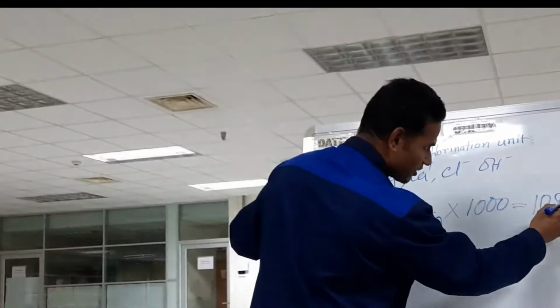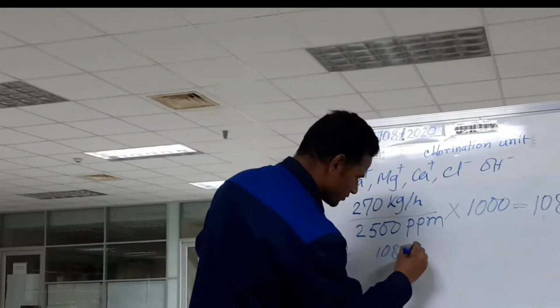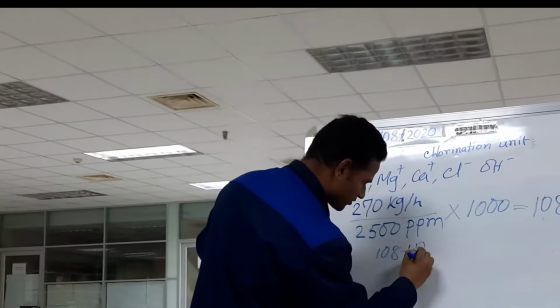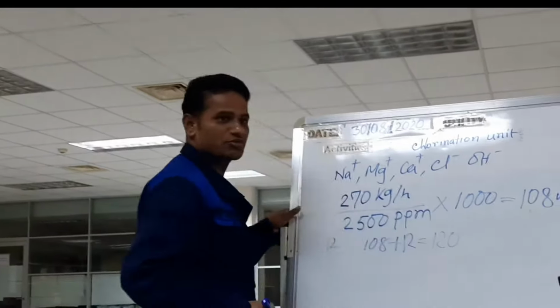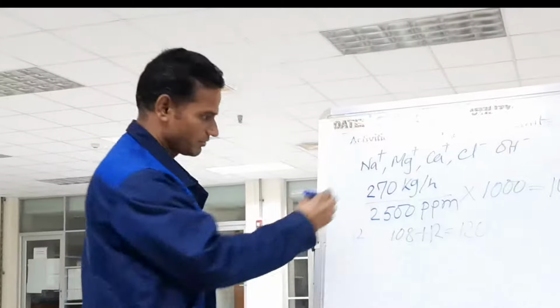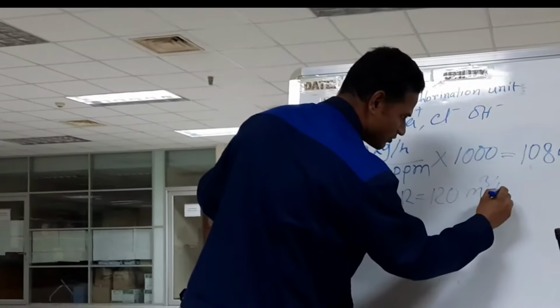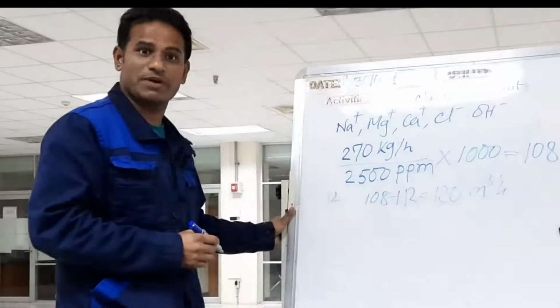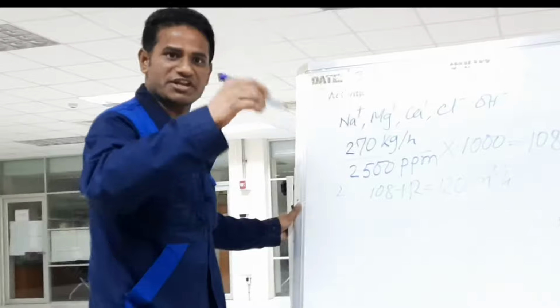So our seawater flow is 108 meter cube, and we are draining 12 meter cube. So the total seawater flow is 120 meter cube per hour, because I told you 10% we are continuously draining.